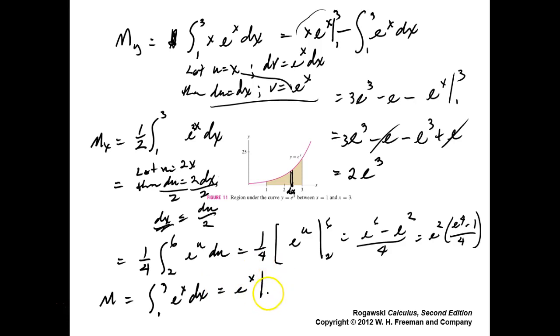To evaluate it from 1 to 3, which would be e to the 3rd minus e. Right? Okay. So, all this, and let's do first our x bar.